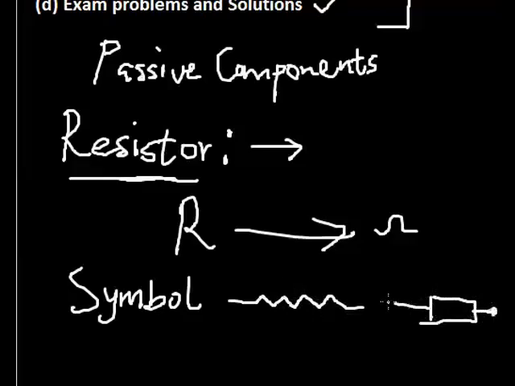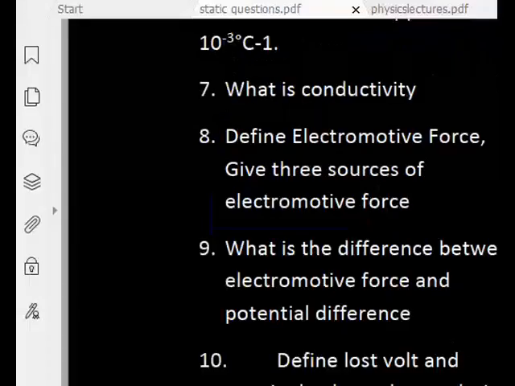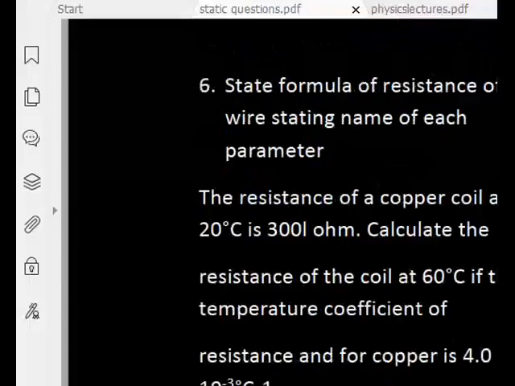So this symbol represents the electrical symbol of a resistor. Now let's proceed with the questions. Remember, we work with questions. So I'm going to take the very first question, then we do justice to it. Here we go.